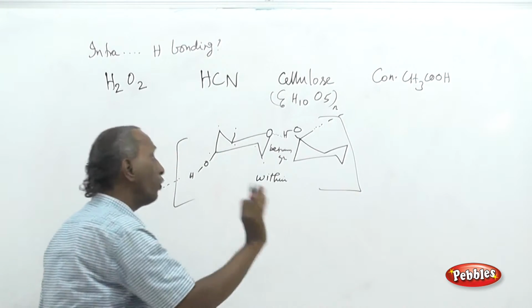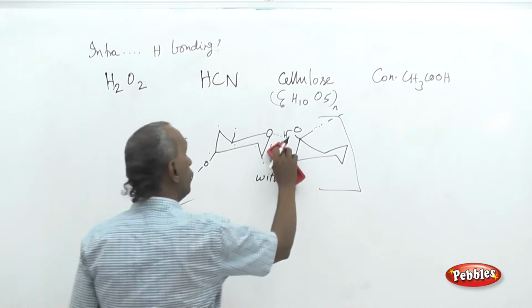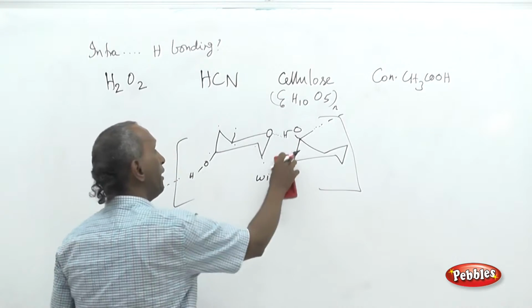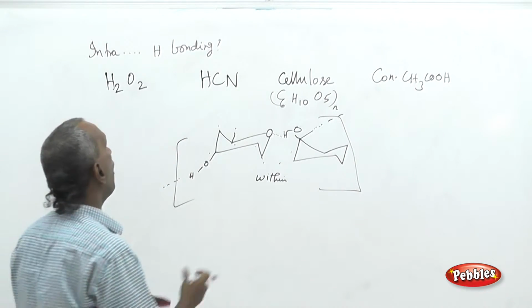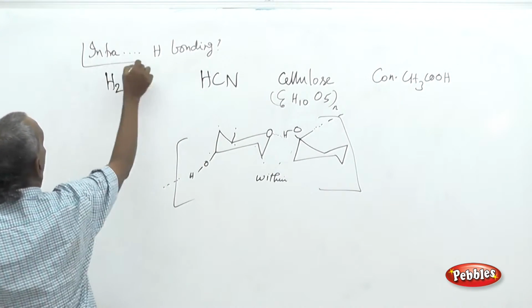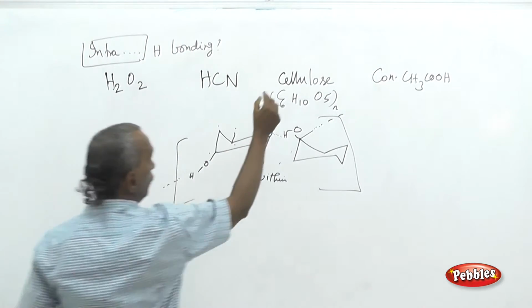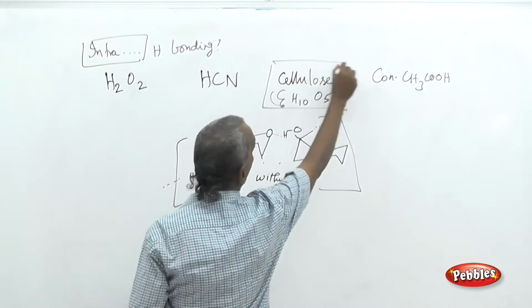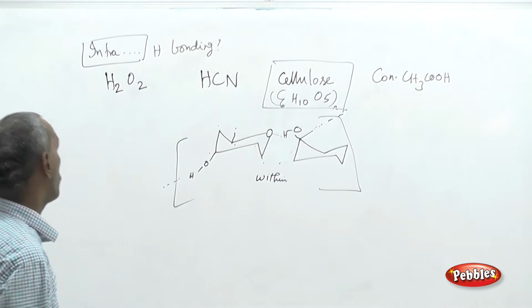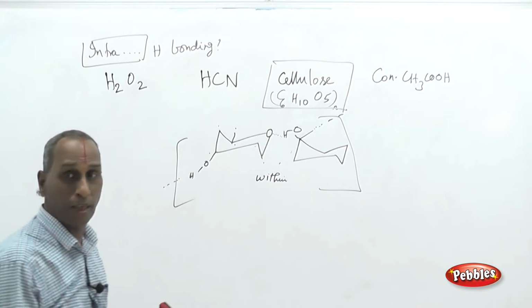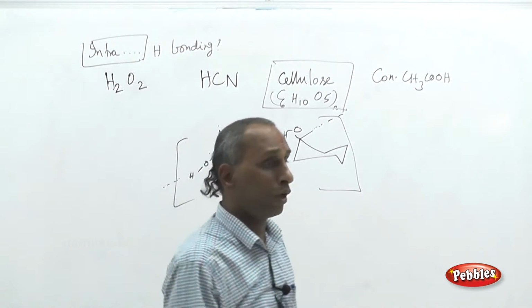Glucose is only a unit, it is not a molecule. So hydrogen bonding in this case is present within the molecule, or it is called intramolecular hydrogen bonding. So intramolecular hydrogen bonding is present preferably in cellulose. All other species, as we discussed, contain intermolecular hydrogen bonding.